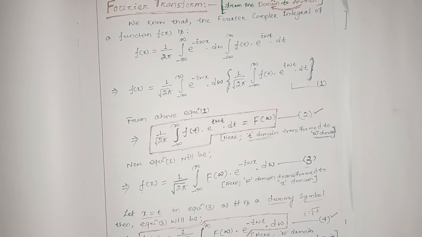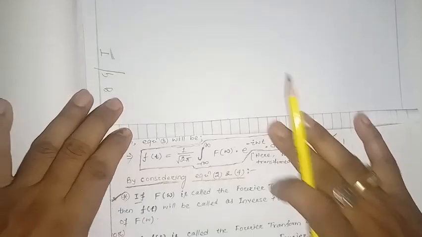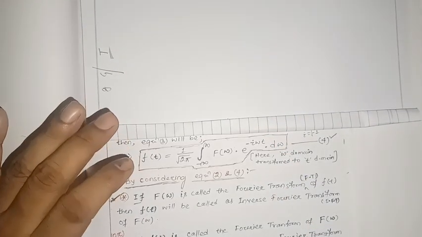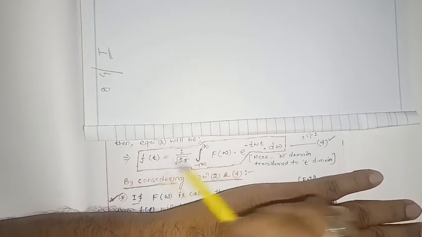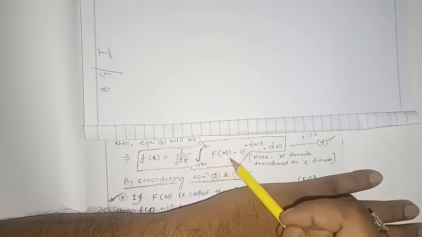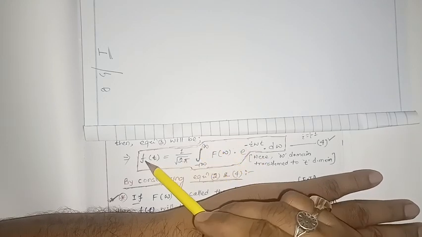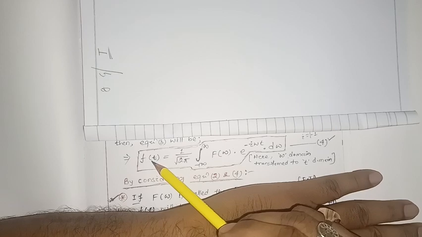But most important, suppose we do not have any type of integral, I have only one integral, this one integral. So here we can say that this function is transformed to this one. That means omega transformed to t domain.